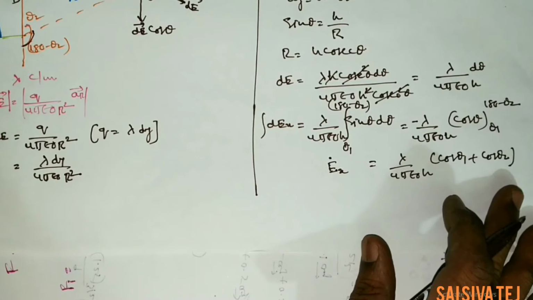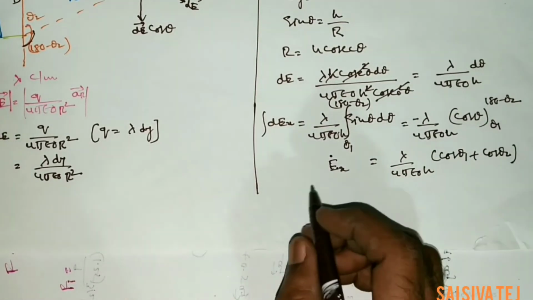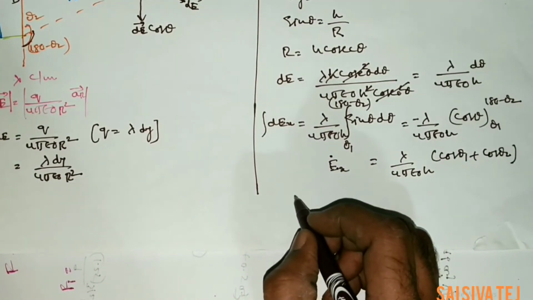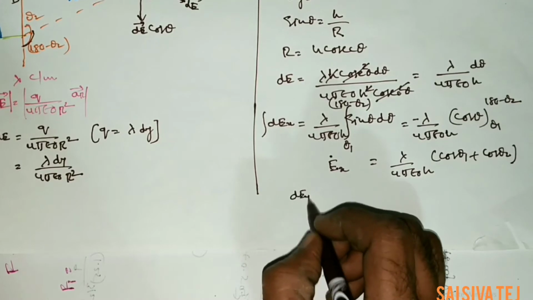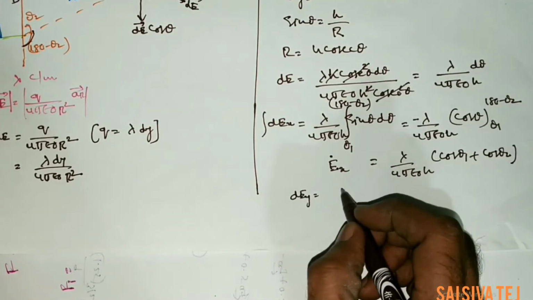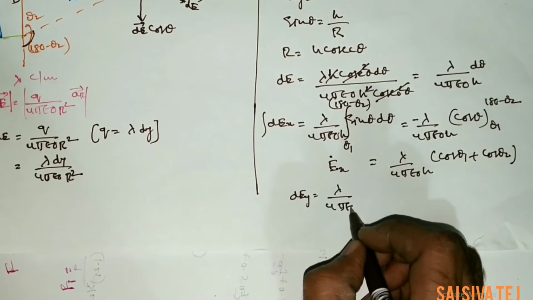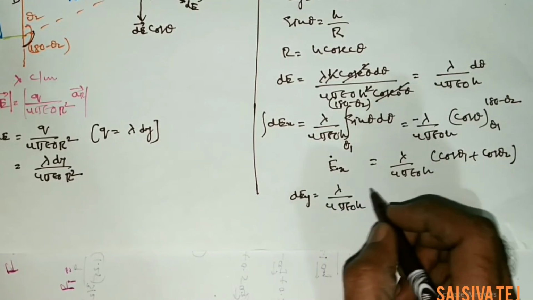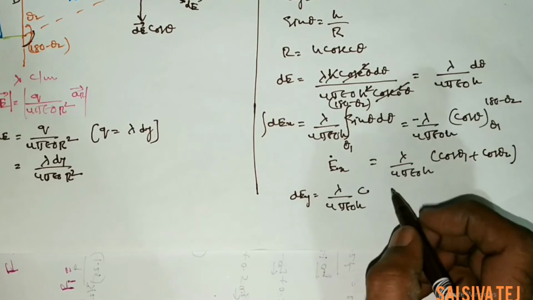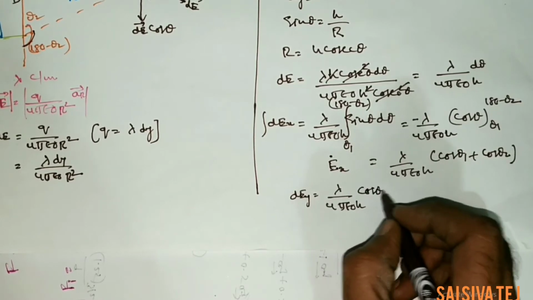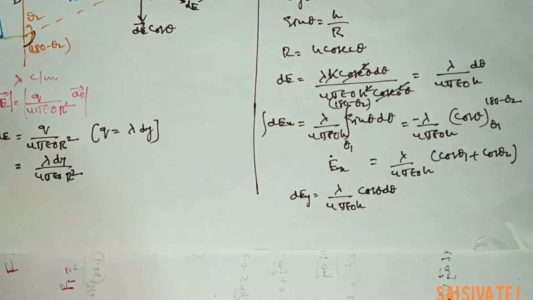Similarly, if you find the electric field intensity in the other direction, we have dEy equal to lambda divided by 4 pi epsilon naught into h, cos theta d theta.